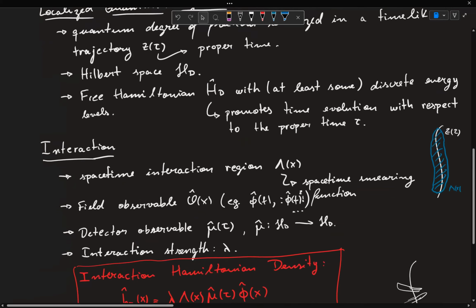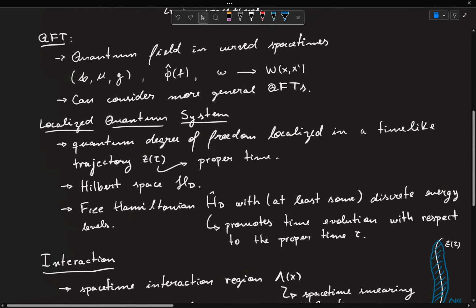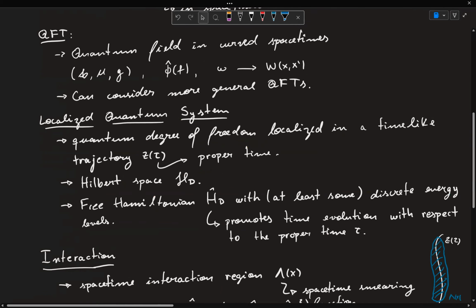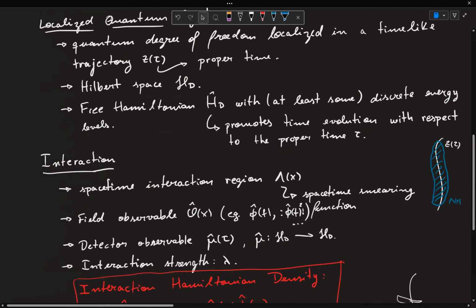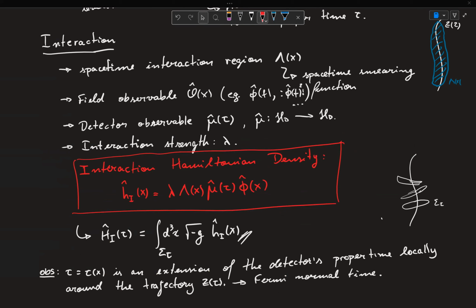There are two things. One of them is the quantum degree of freedom. The quantum degree of freedom itself is defined along the curve itself. So the mu of tau only depends on tau. Mu is a degree of freedom which lives here; this is where the mu of tau lives.